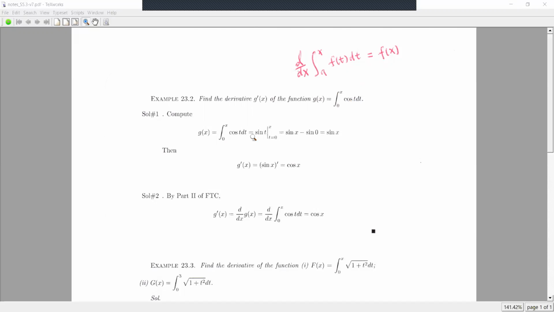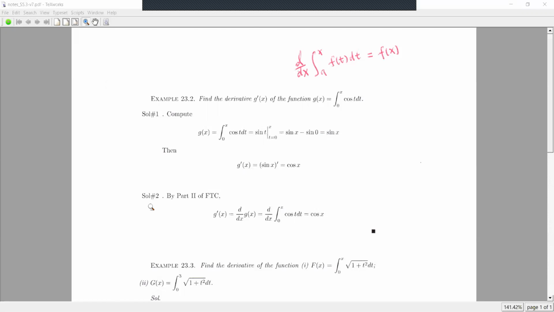Antiderivative of cosine is sine. Then plug in upper limit x in t, lower limit 0 in t, and then make a difference. Then I get this. Sine of 0 is 0, so this is just sine of x. So g, this function, is sine of x. Now take the derivative of g, then we get cosine of x.